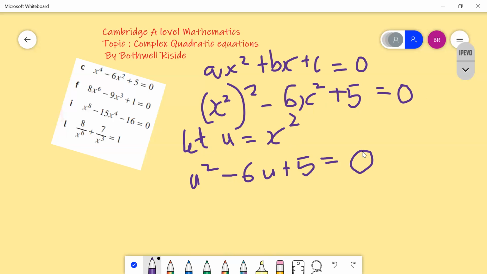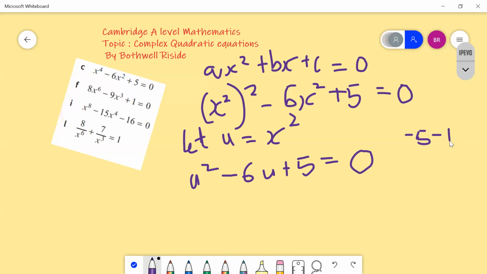This means that I'm going to solve for u. We know how to solve these quadratic equations. First of all, 5 times 1 gives us 5. Then we look for factors of 5 that give us minus 6. They are minus 5 and minus 1.